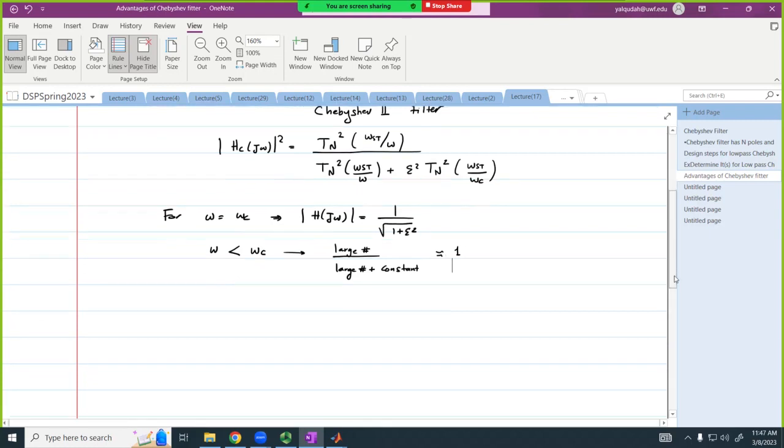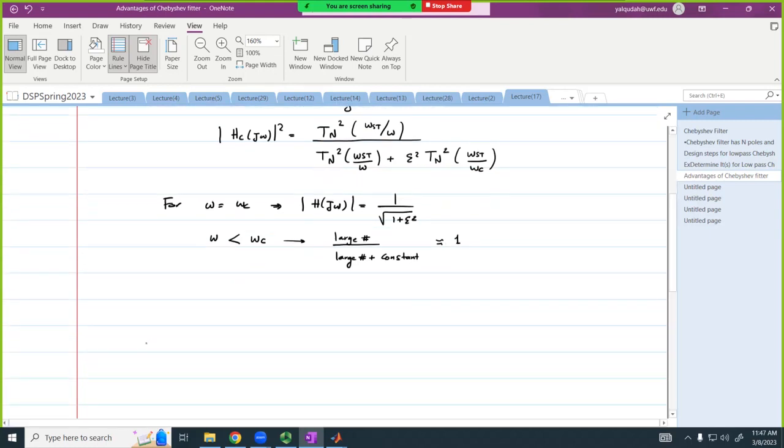And when omega is equal to omega stop, we're going to have H of j omega equal to 1 over 1 plus epsilon squared multiplied by Tn squared of omega stop divided by omega cutoff.